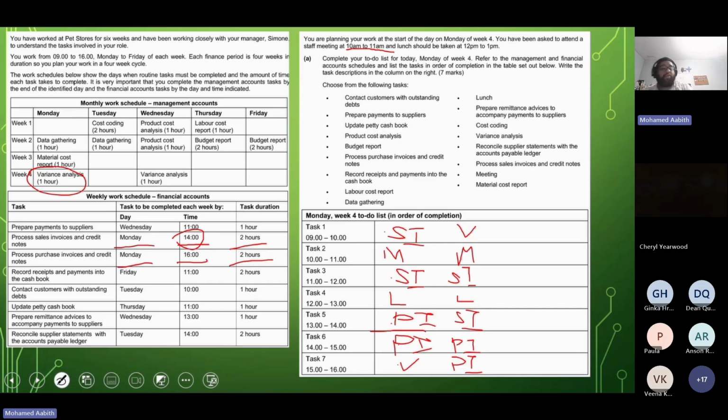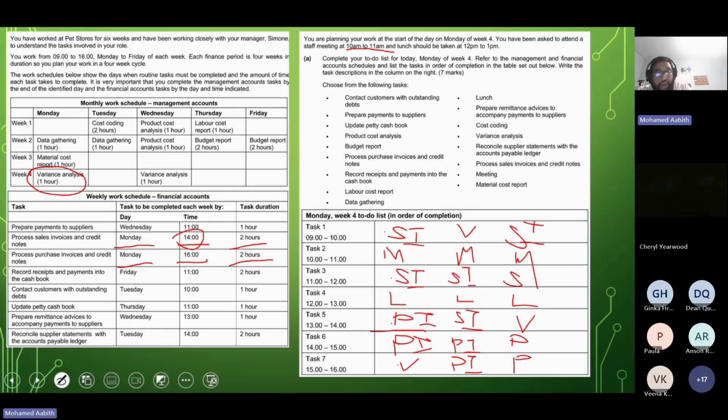You're still well within the deadline. Or could I do the sales invoice, meeting, sales invoice again, I'm going to just put S, and L for lunch here, then the variance, then the purchase invoice, and the purchase invoice after that? It is also fine. Those 3 methods are absolutely fine.